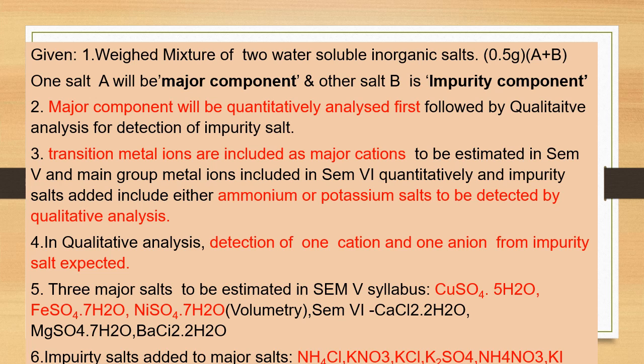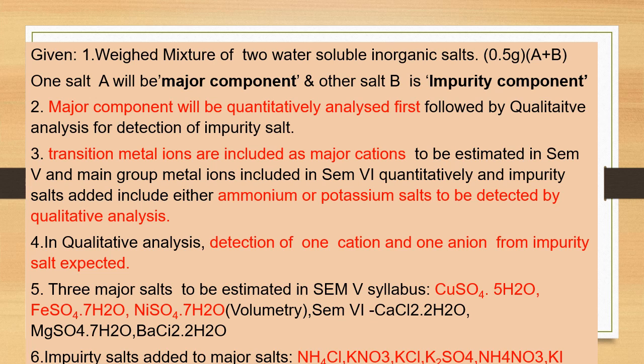Now here for semester 5 there are transition metal ions, but for semester 6 main group ions are included as the major cations. So for semester 6 you can have magnesium, barium, calcium, strontium as the major cations.